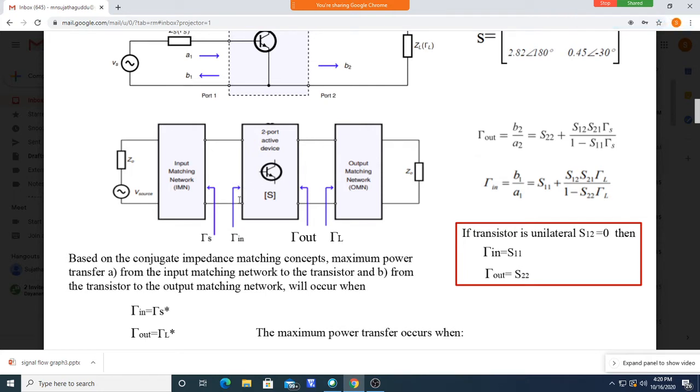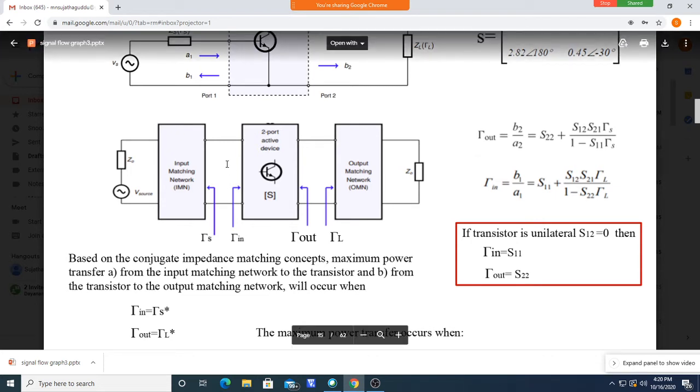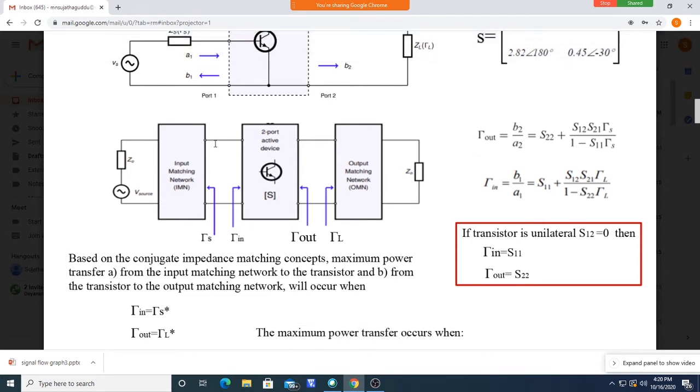That way we have to design here. We already studied in the TLW how to design a matching network. You should make it equal to the impedance of this, then maximum power will be delivered.